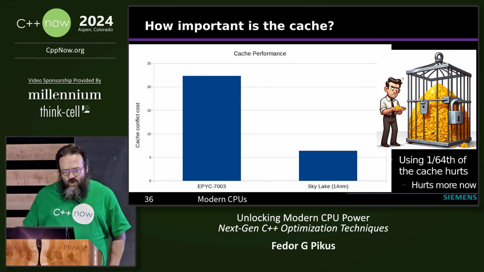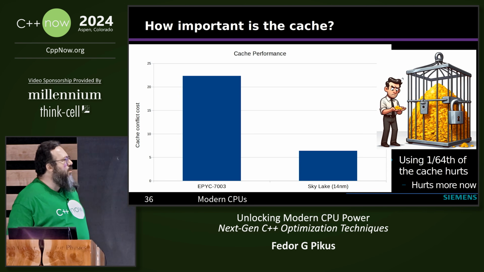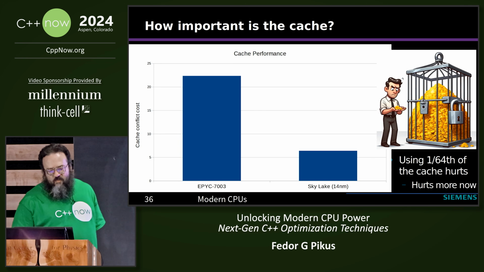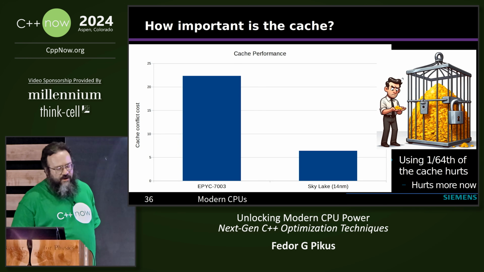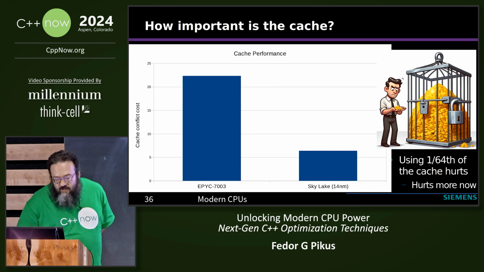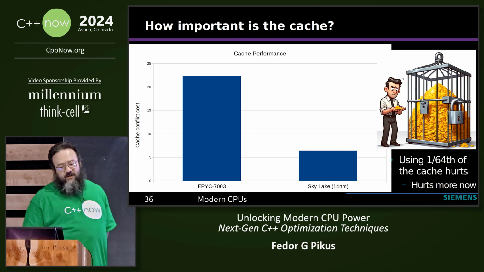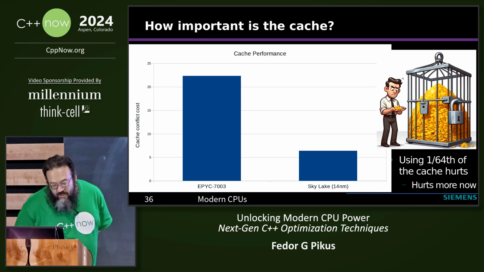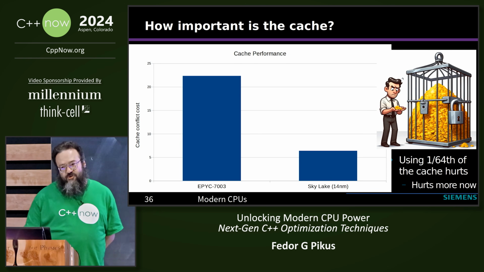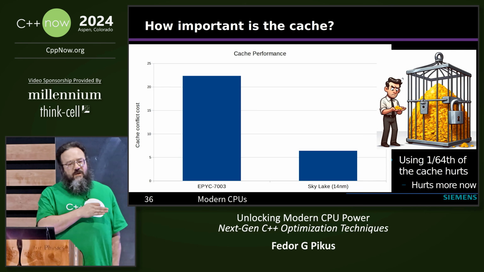Okay, so column major versus row major, with cache or without. To be precise, with 1/64 of your cache on this machine. On Skylake, it's about 6 times slower to do row major access. On this EPIC, it's 22 times slower to do row major access. So that's how important caches are.